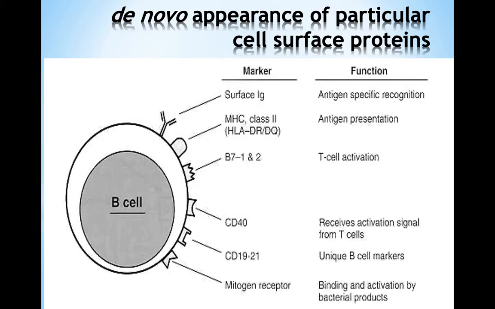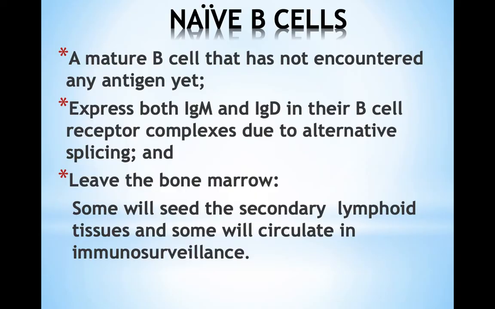So now, moving forward, let's go back to our discussion of B cell maturation. We mentioned a bit about its membrane biology. Okay. So here, a naive B cell is a mature B cell. However, it has not encountered any antigen yet, and also in terms of the B cell receptor, it expresses both IgM and IgD as its possible BCRs.